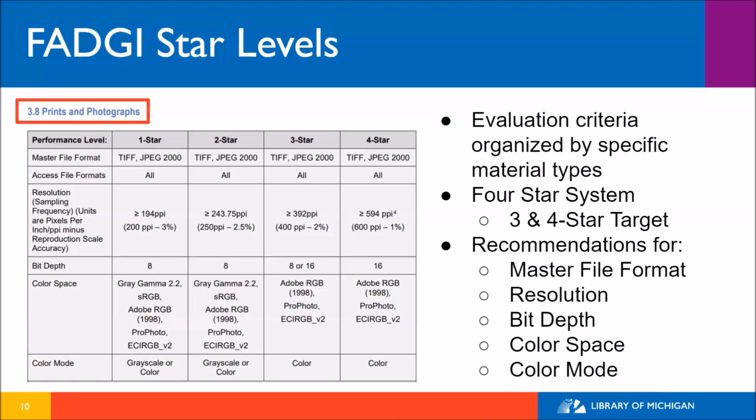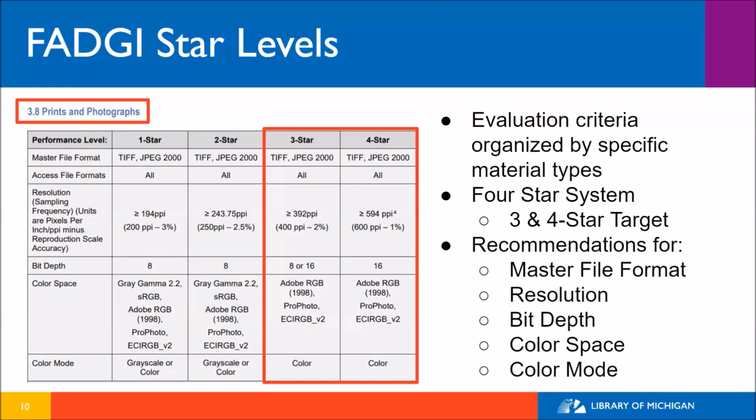So the guidelines include evaluation criteria organized by specific media types, such as bound materials, unbound materials, maps, newspapers, photographic prints, photographic negatives and transparencies, paintings, X-rays, and microfilm. FADGI uses a 4-star evaluation system with 4 being the best, 3 being good, 2 being acceptable, and 1 only acceptable for some limited use cases.